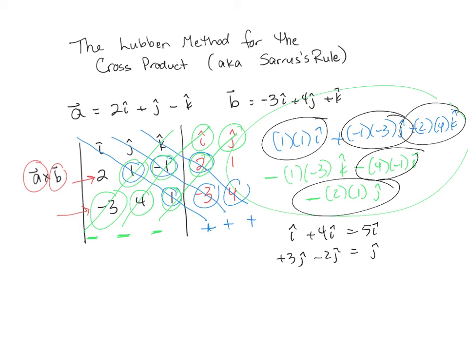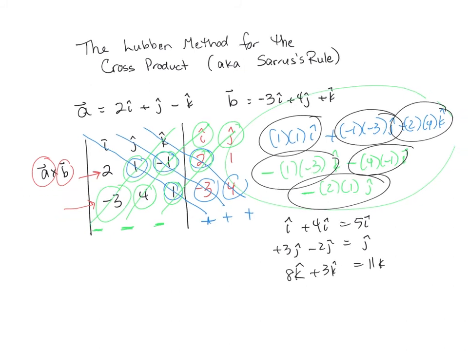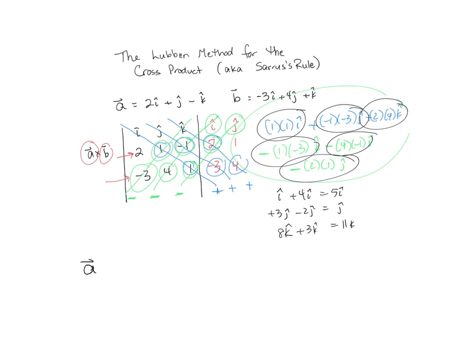And then I'm going to get an 8k plus 3k. And that's going to be an 11k. So A cross B, you remember your cross product gives you a vector, is going to be 5i plus j plus 11k.